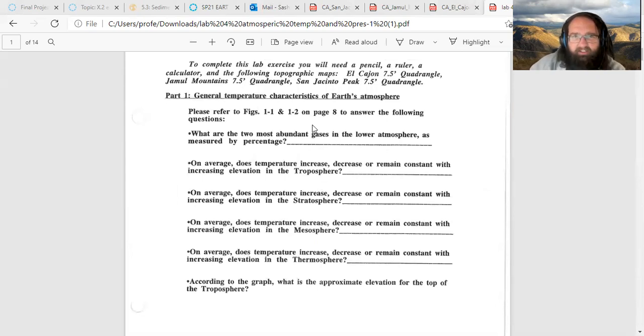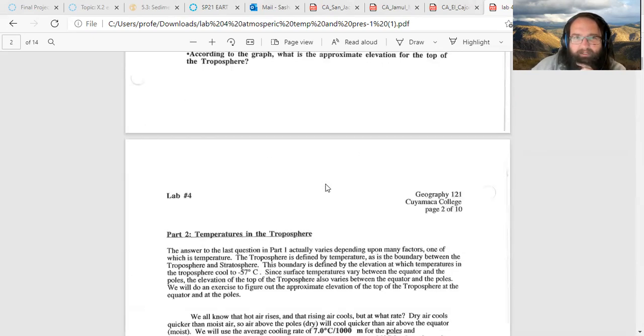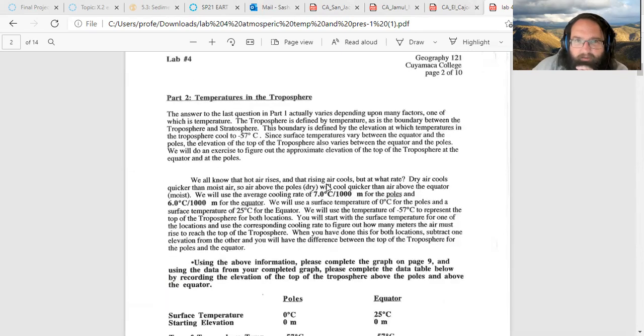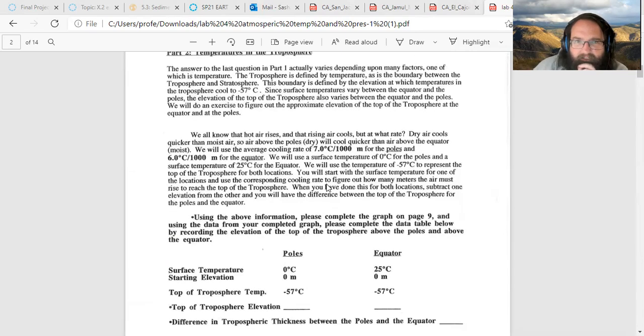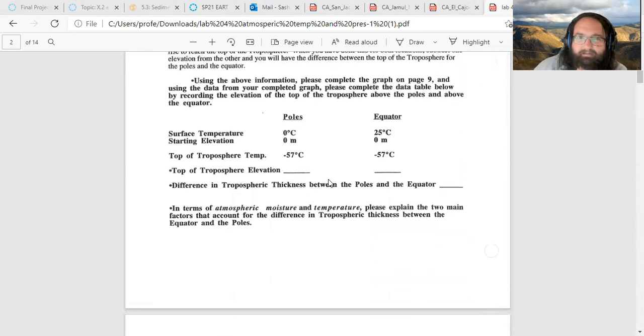And so you're using this on page 9. So that's it. And basically all these answers can be looked up on that page. Cool. Now we're going to look a little bit more at temperatures. And again, page 2 can also be answered by looking at page 9.